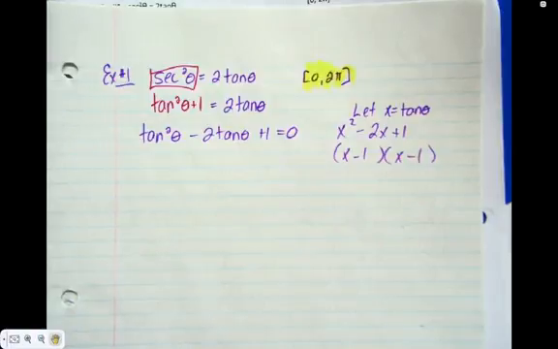Offer of -1, -1. Turn and talk and tell your partner why that's the correct factoring.